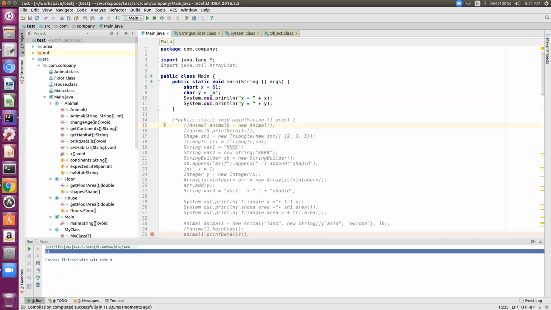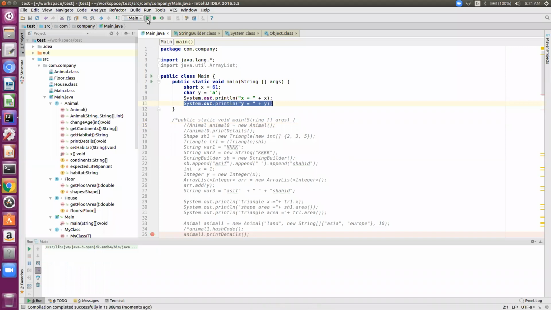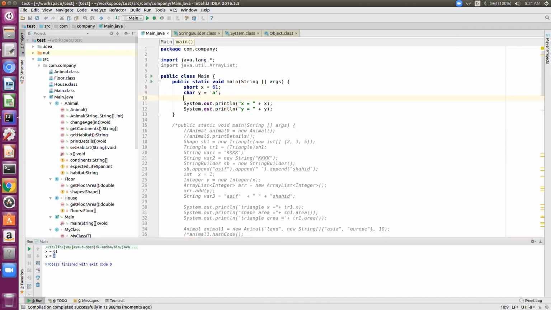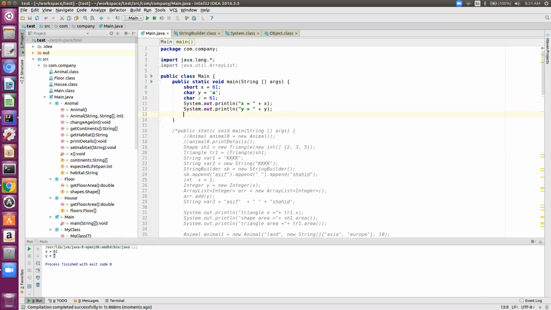So what do you think y will print? This line will print A. Let's see. Okay, y has printed A. Now let me add another variable, char z equal to 61, and I will print z also.